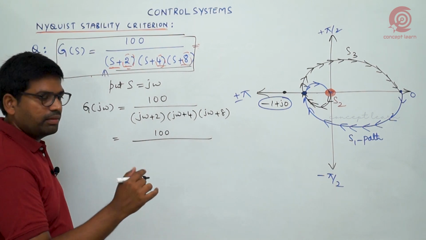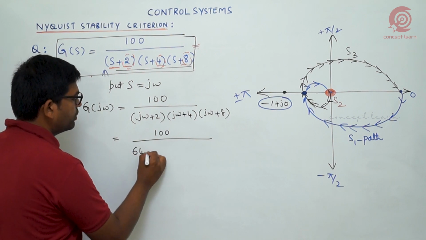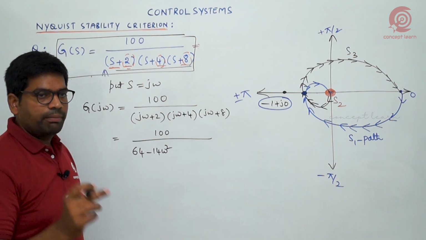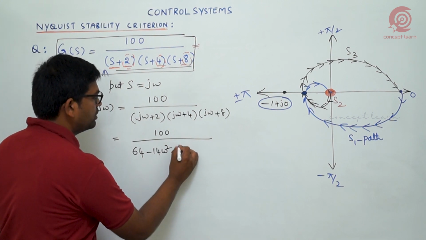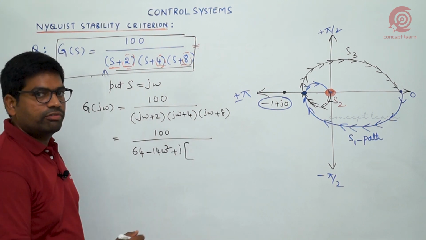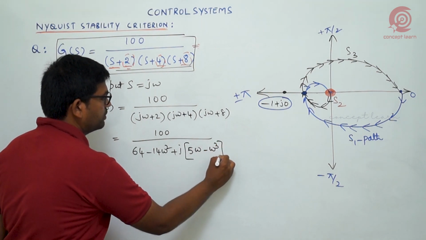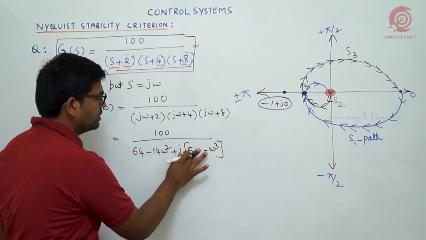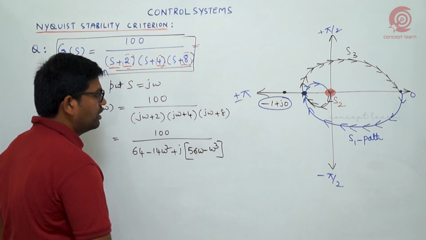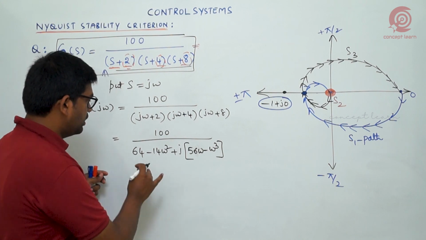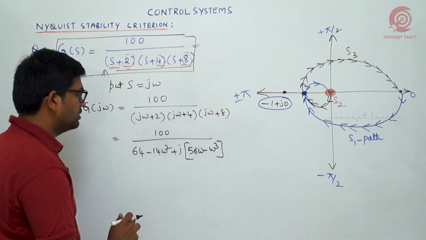We get 64 minus 14 omega square, this is the real part. Imaginary part j into 56 omega minus omega cube. After simplifying the denominator, this is the result.